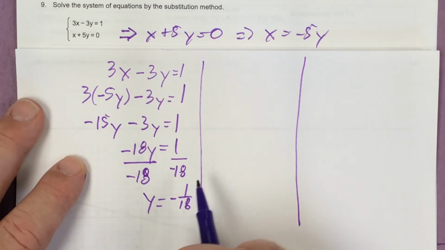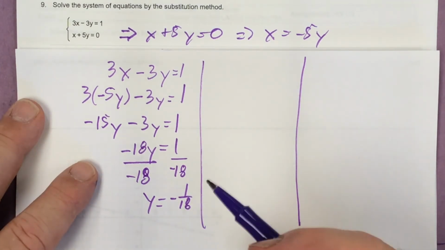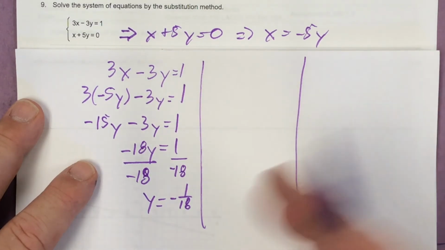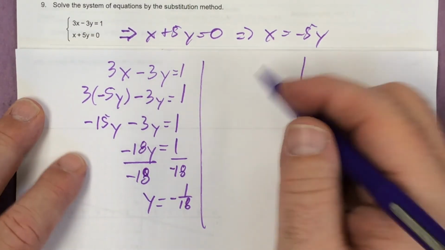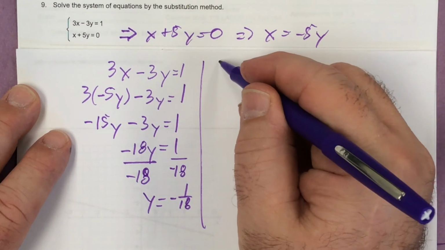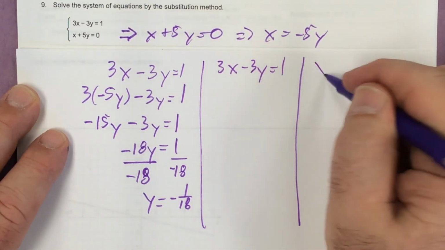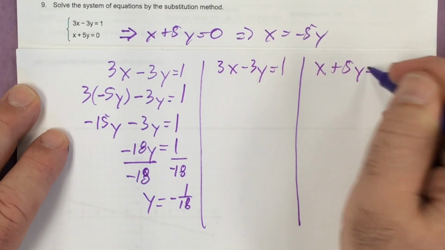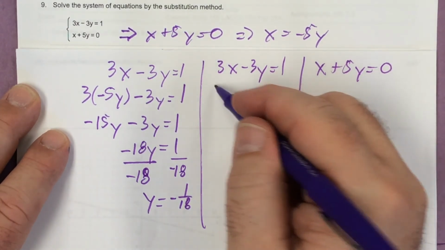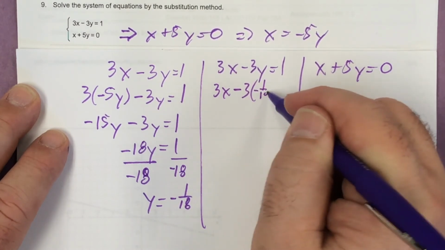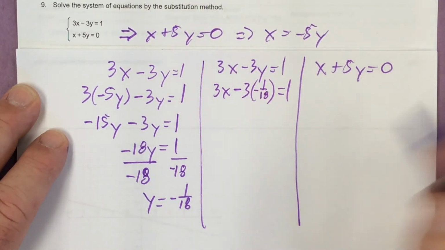Again, if you have a calculator, you should be able to work with these calculations pretty fluidly. If you have a scientific calculator, it should work out pretty nicely. So I'm going to write both equations here. 3x minus 3y is equal to 1. x plus 5y is equal to 0. So here we have 3x minus 3 times negative 1 over 18 equals 1.